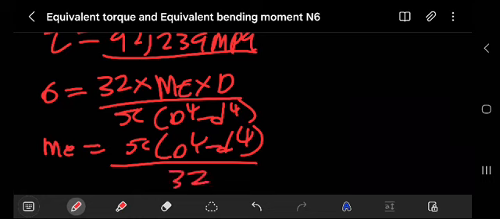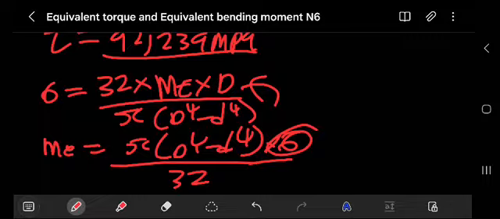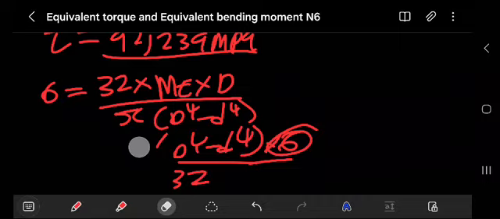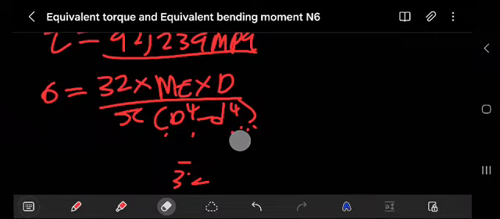So we just make the principal stress the subject of the formula here. Do not be amazed there. You get it from this formula.